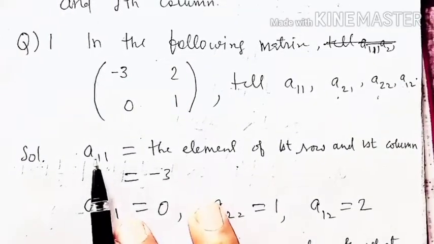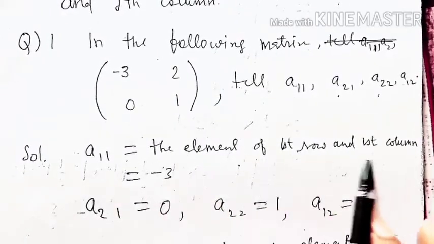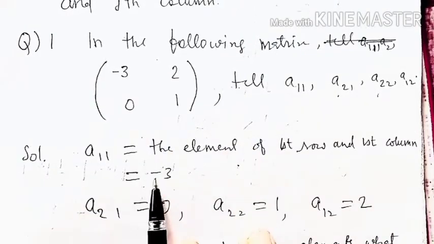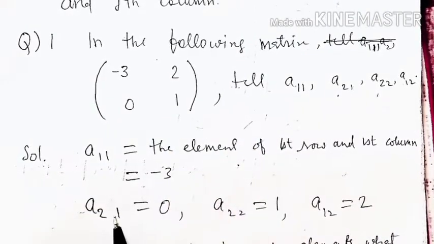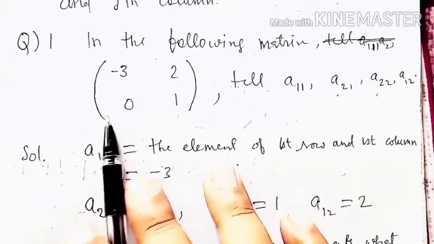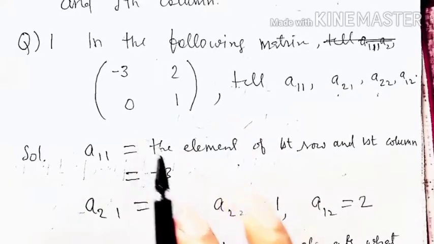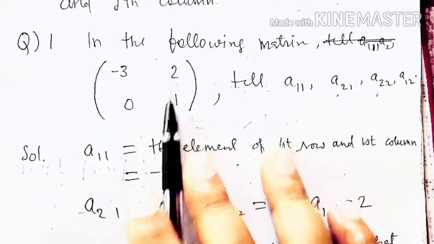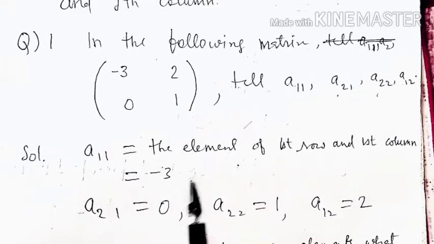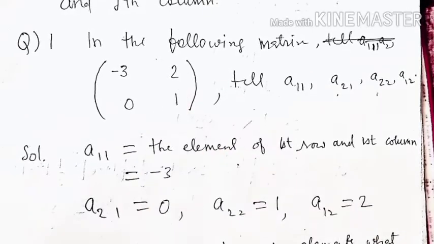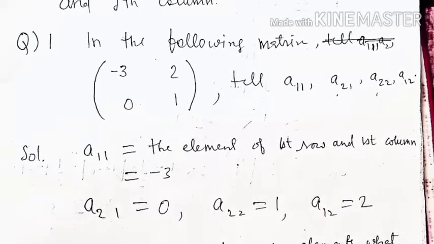Here A11 means the element of first row and first column. So this is -3. A21 means the element of second row and first column. So 0. A22 is 1 and A12 is 2.